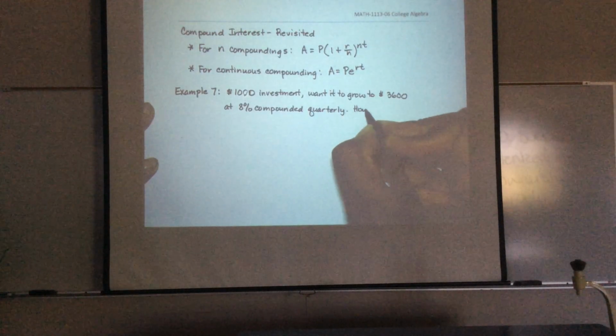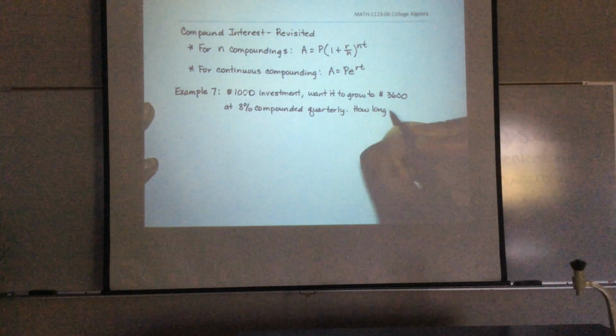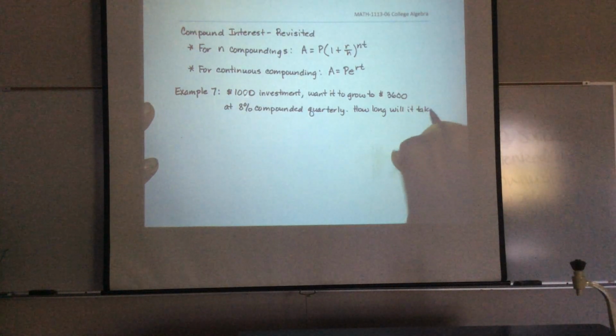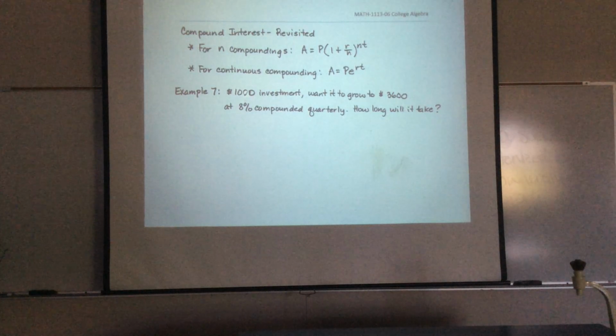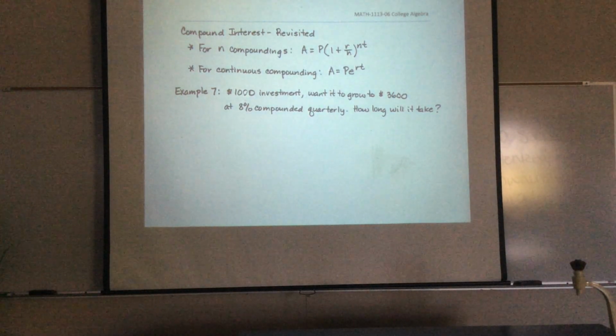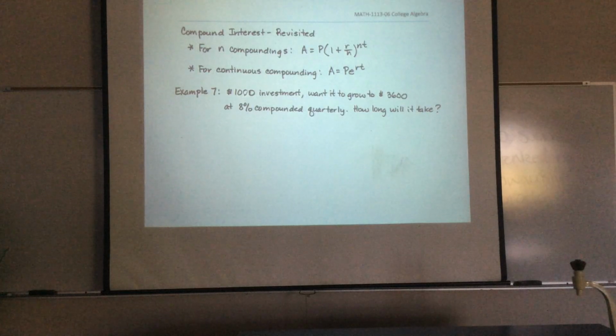How long will it take for that to happen? So I want to know, how long will it take for a $1,000 investment to get to $3,600 at 8% compounded quarterly?